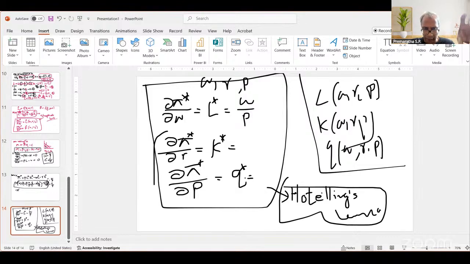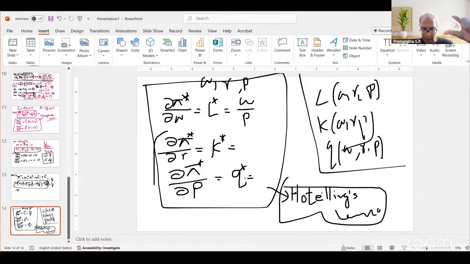Here, the maximum value profit function, when you differentiate, for instance, you practically estimate the profit function. Then you differentiate with respect to wages, you can derive the labor demand function, because practically you can't estimate the labor input demand function directly.